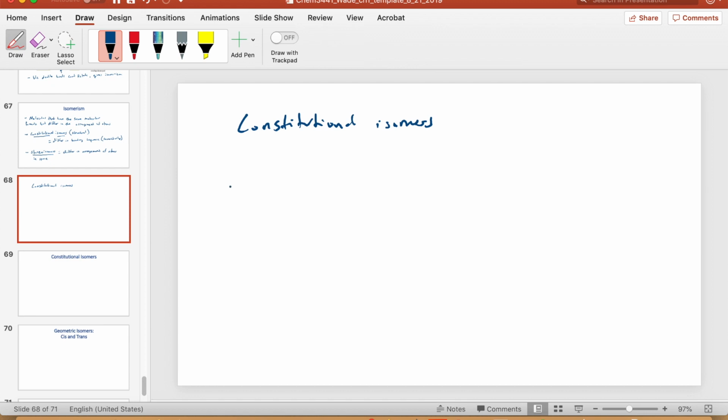So for instance, in this case, I can look at pentane, right? CH3, CH2, CH2, CH2, CH3 down the end, right? So I have 5 carbons, 1, 2, 3, 4, 5, and 12 hydrogens.